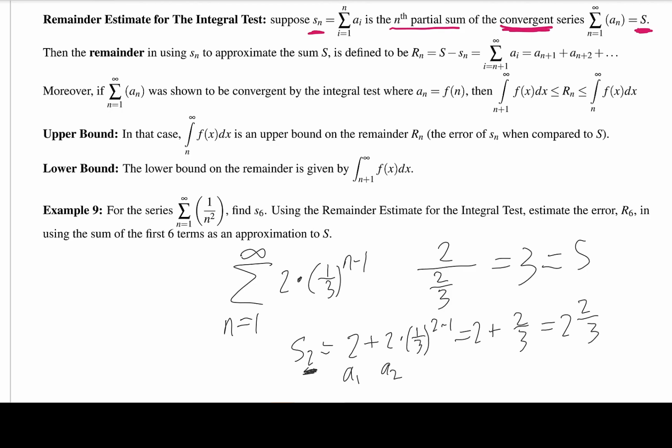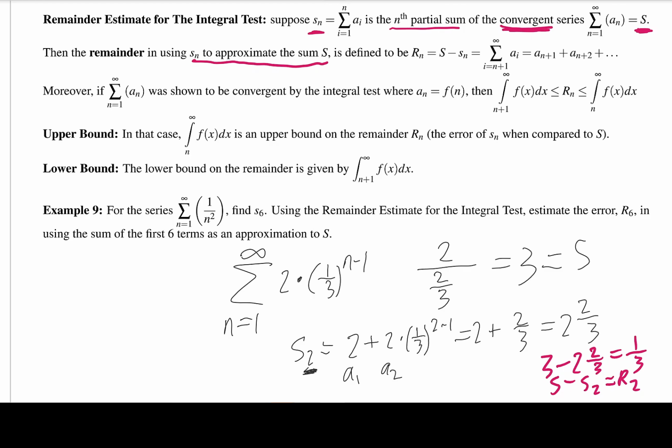So if we're using S sub n to approximate the sum S, and remember the remainder here is 1/3, we get that by doing 3 minus 2 2/3 equals 1/3. The sum minus S sub 2 gives us what we call R sub 2, the remainder of S sub 2.